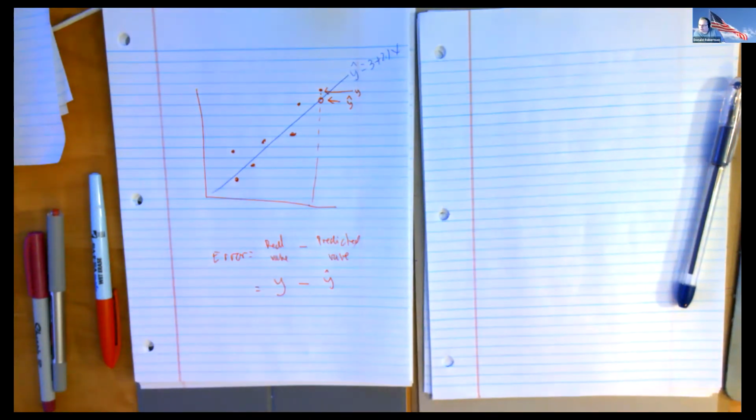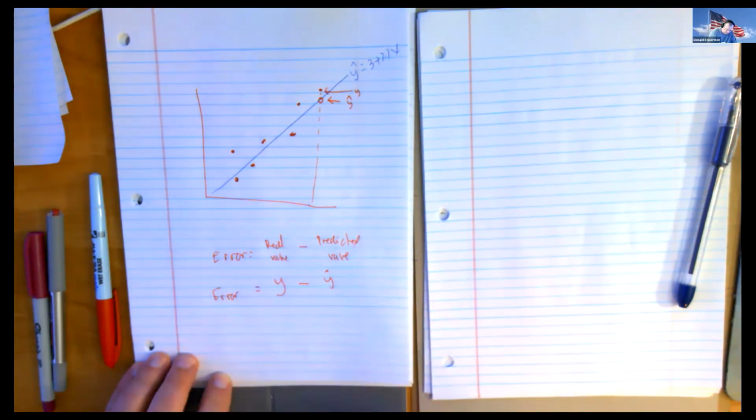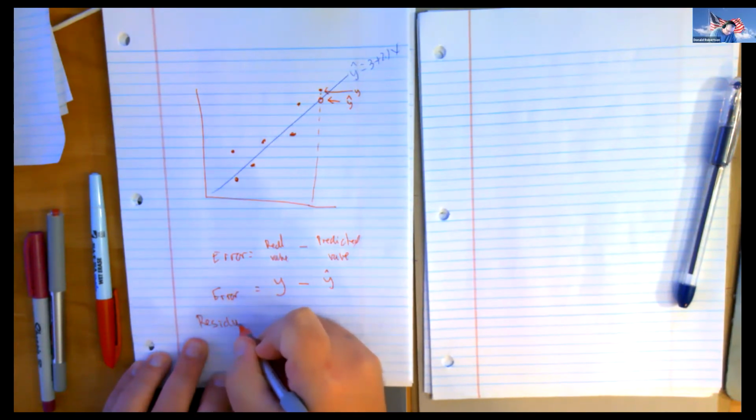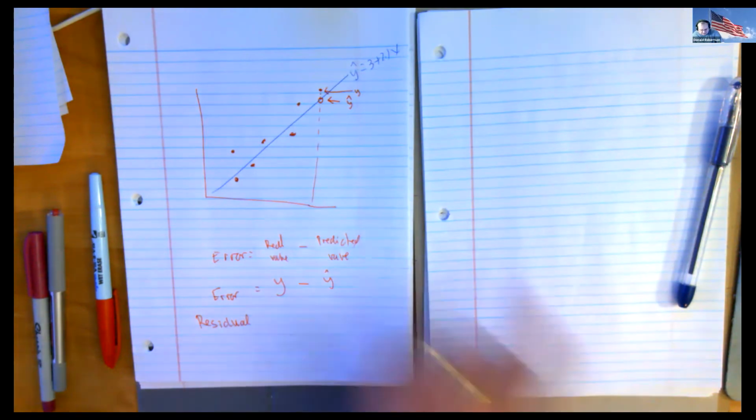How close was my estimate to the real answer? These errors have a name. You wish they were called errors, but their name is residual. I think it comes from the fact that a residual means the bit that's left over. So the bit that's left over here is the difference between these.